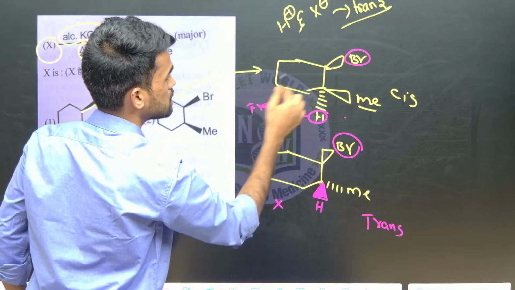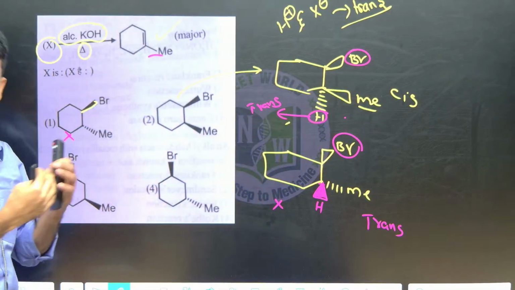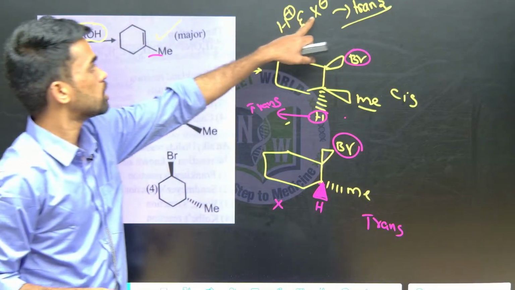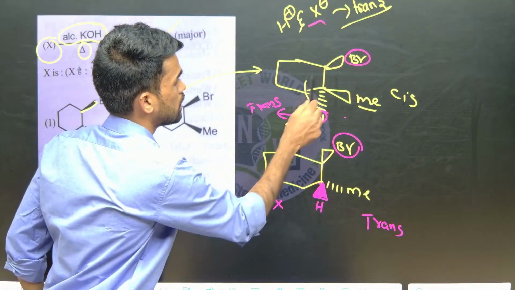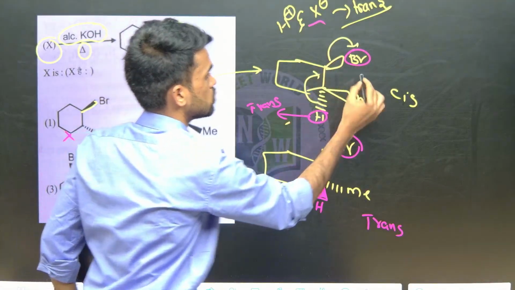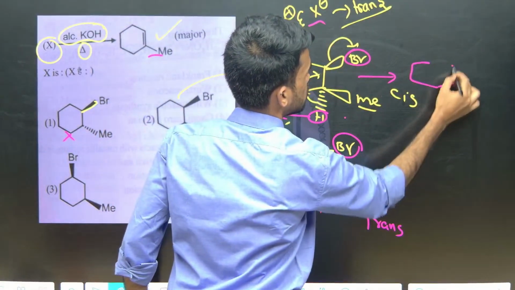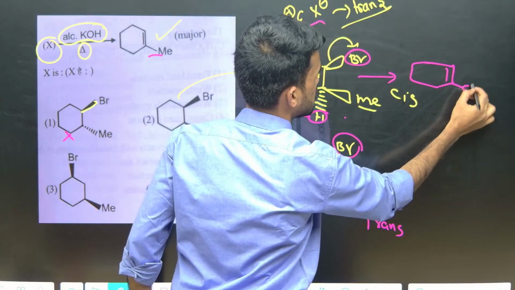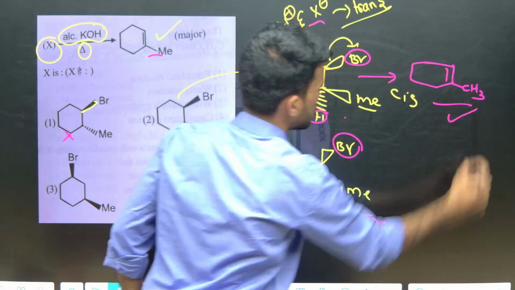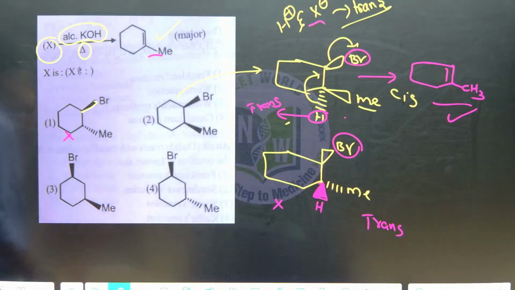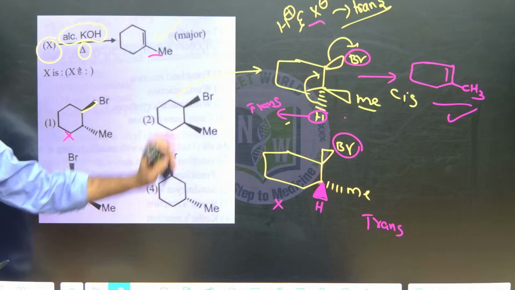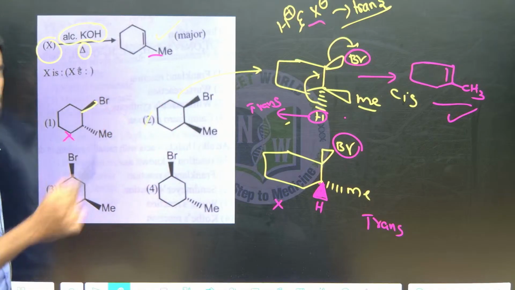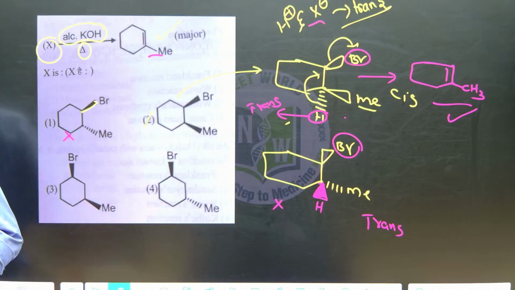Since they are trans, both the beta proton and the eliminating group are trans to each other. Then only we will get a product like this. So we will get a double bond over here and the methyl group over here. That's it. This is your answer. Which option is correct? See, these are trans to each other now. So our option B is your answer for the question.